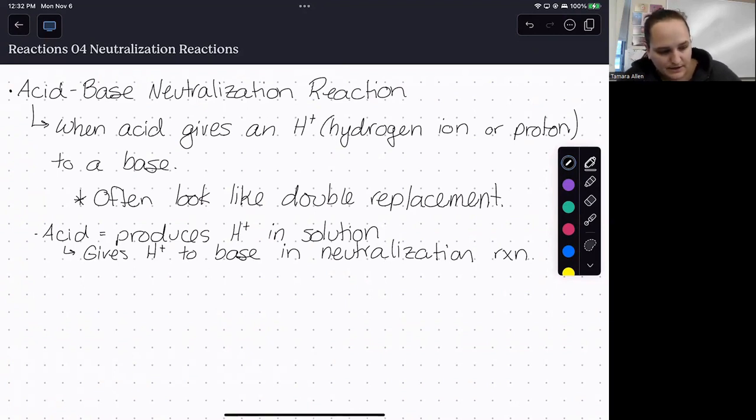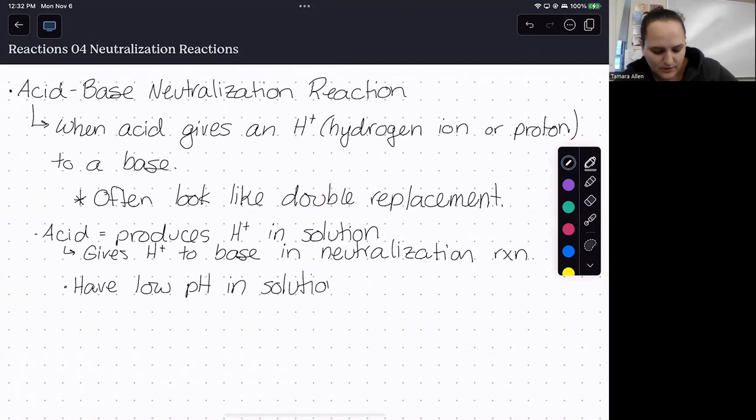Acids are things that tend to have low pHs in solution. At room temperature, by low we mean less than 7.